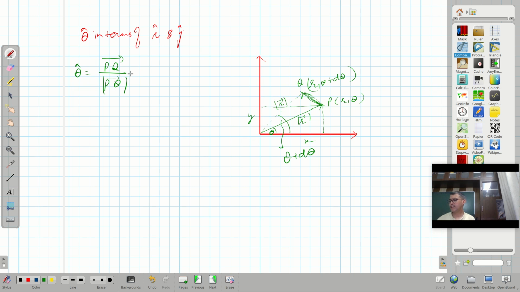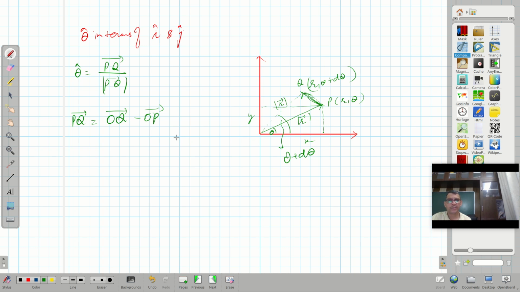Now what is this PQ? I am interested in finding this PQ vector. PQ is the OQ vector minus the OP vector, right? So what is the OQ vector?